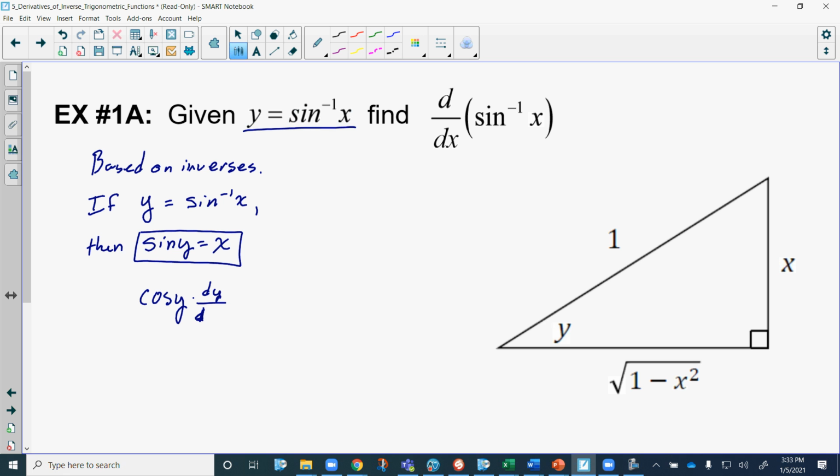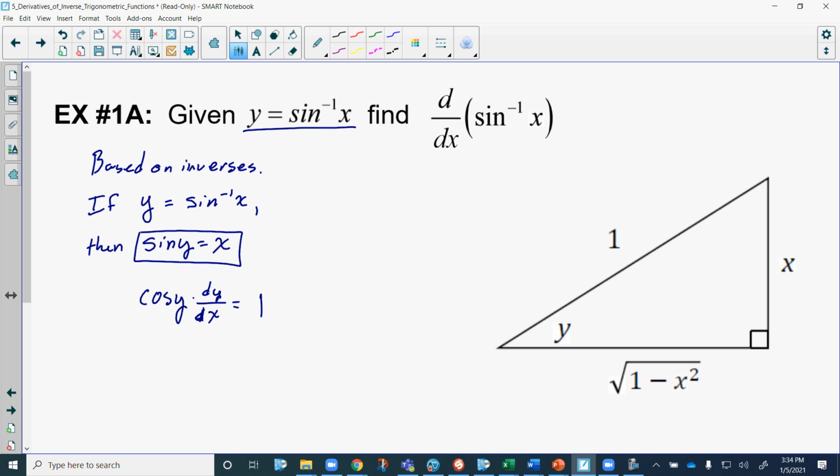I'm not going to use the y prime notation that I kind of get lazy with. I'll use the more traditional dy dx representation for the implicit differentiation. And if I take the derivative of the other side, that's just going to be 1. Or I can say x times d dx, but it still simplifies to 1. So I have cosine y dy dx is equal to 1.